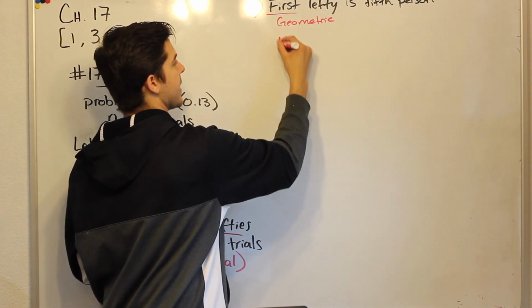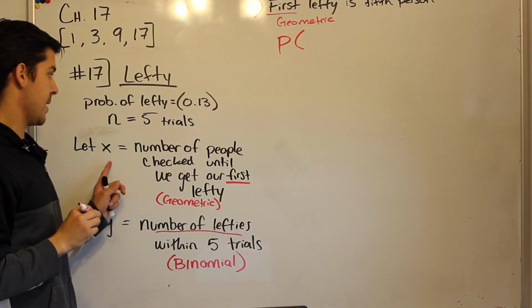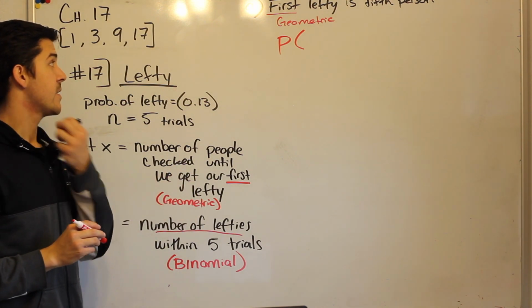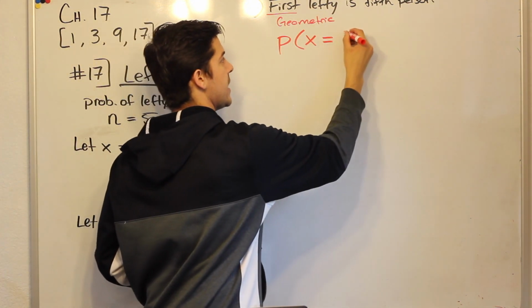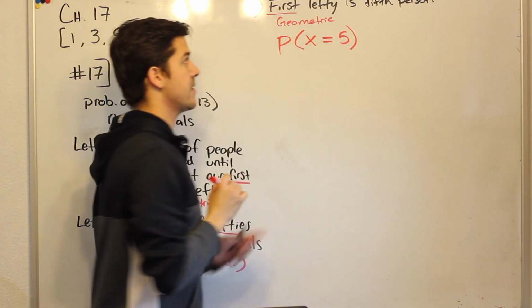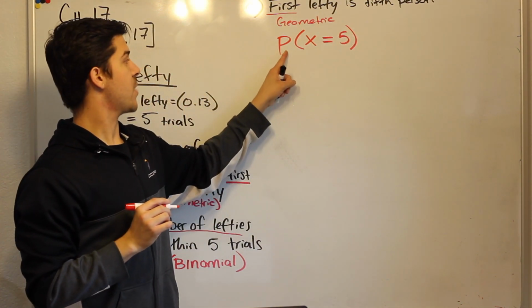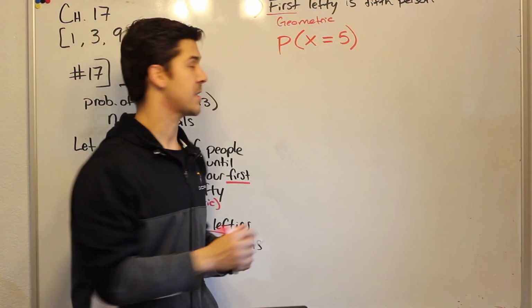So, let us find the probability that the number of people checked until we get our first lefty, let's say the number of people, is going to equal 5, the 5th person, until we get our first lefty.